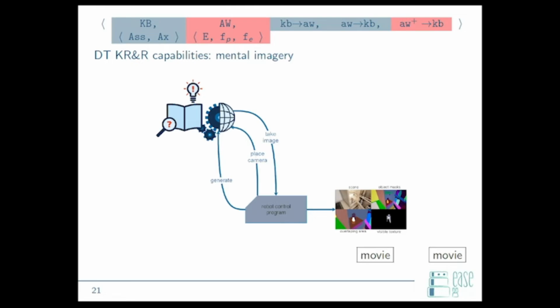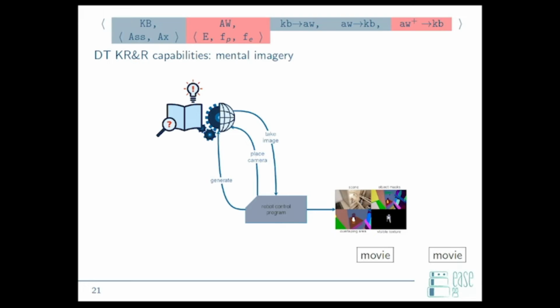So another thing is that we do not only want to simulate what's happening in the world, but also we want to equip the robot with the perceptual capabilities of expecting what it will see. That's important for two reasons.